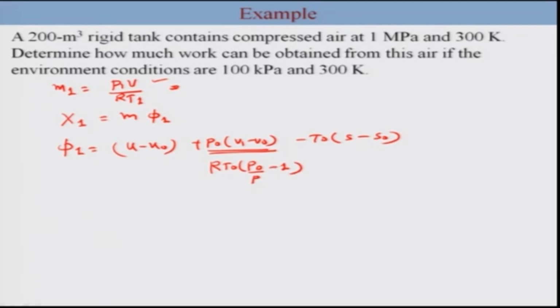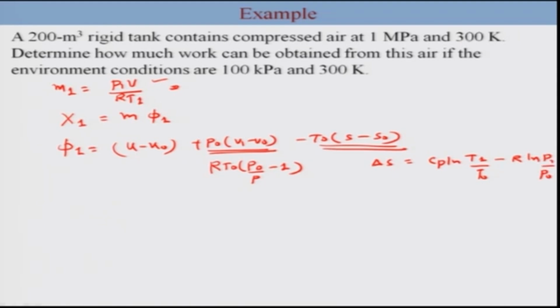Now, we will be using the delta S for the ideal gas. So, this is going to be Cp ln(T1/T0) minus R ln(P1/P0).